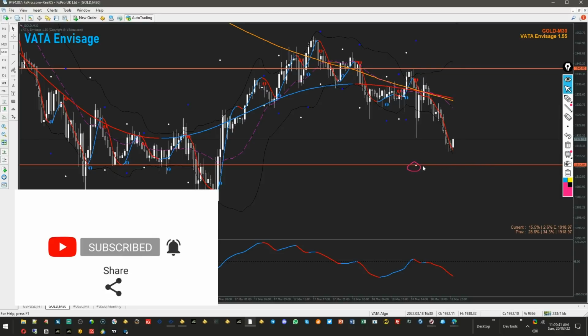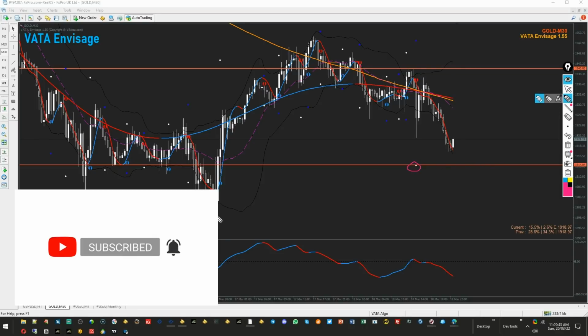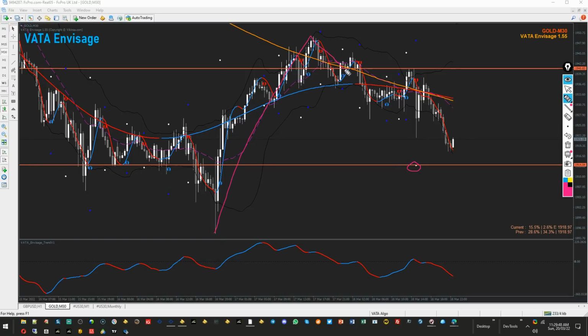But it may not just stop there, because that's the minimum profit target. If the market starts to fall, then it will form an M pattern, and it will probably come down to somewhere around here, or even revisit 1900, or even go slightly lower than 1900, because all of that will create an M pattern or extended M pattern. And when the M pattern completes, then only it will start to go up.